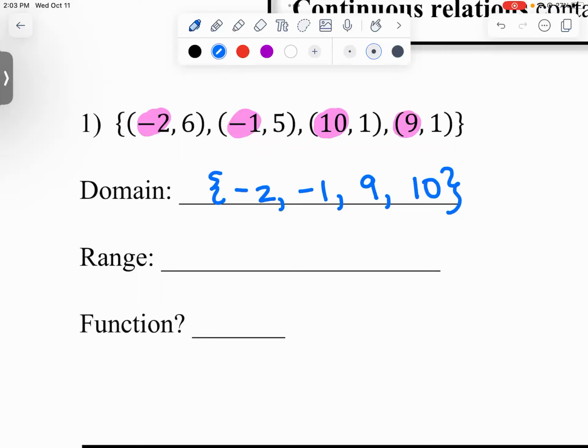Okay. Now our range is the set of our outputs. What are our outputs? We are not going to have to write 1 twice. We can just write 1, 5, and 6.